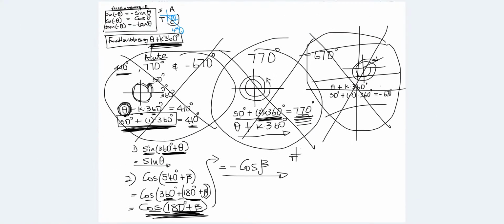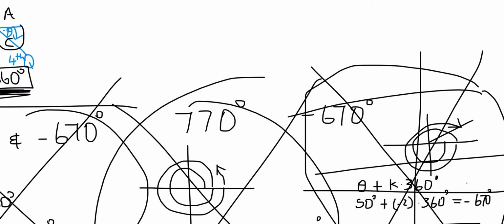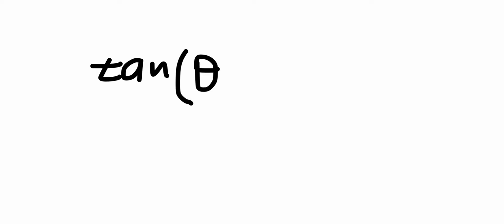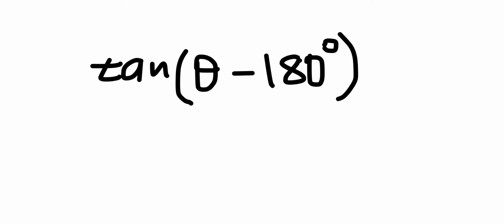So let's see, what else can we do? Do we have enough space? I'll just try to force something here. Okay, let's say we have tan, and let's say we have theta there, and let's say minus maybe 180 degrees there. Yes, you will be given some things which come in a tricky way.